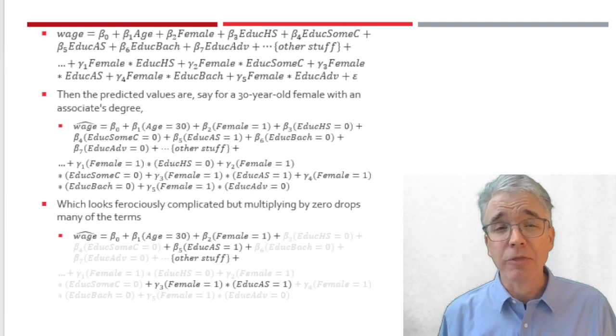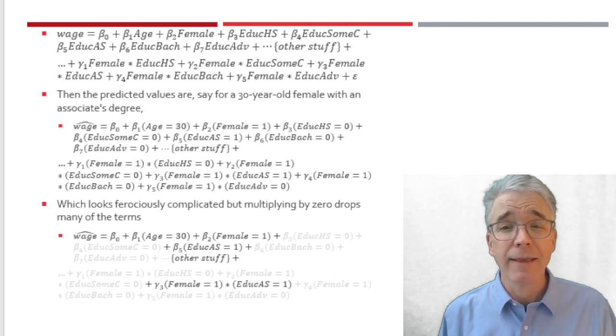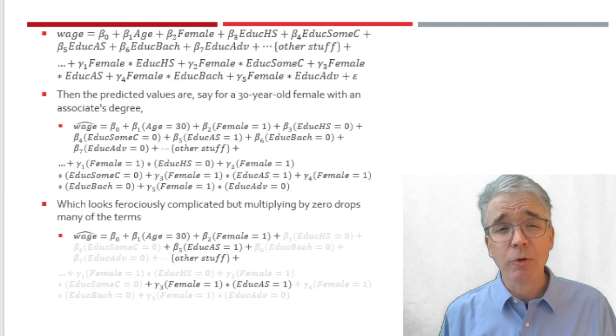For example, a 30-year-old female with an associate's degree would average a certain wage. As you plug in term by term, you start to figure out that it may look rather complicated, but actually a lot of those dummy variables are just going to be zero and drop out of the equation. In the bottom part, I grayed out all those terms that just drop in order to concentrate on a few. That makes it more straightforward to understand what the heck's going on.